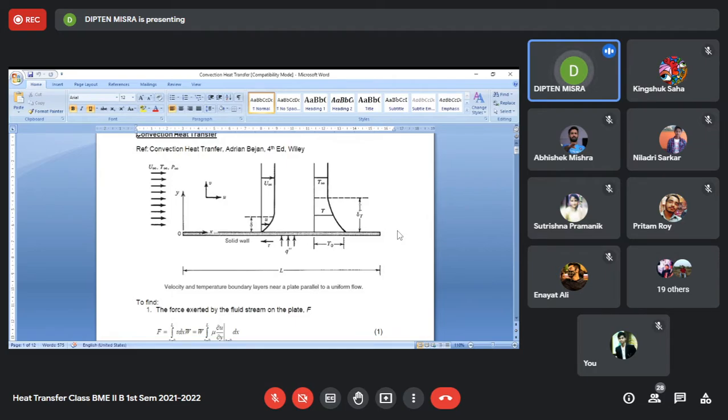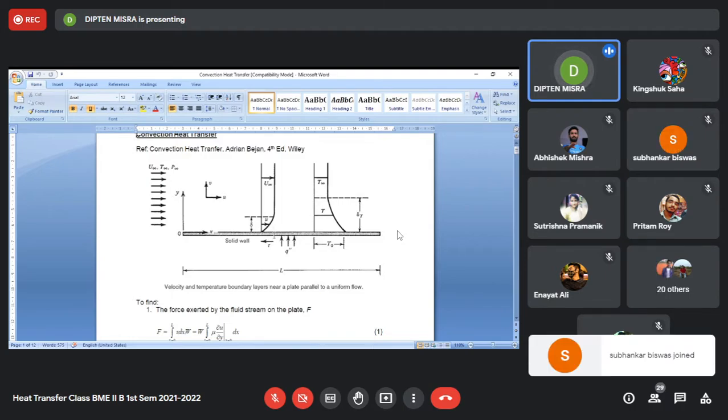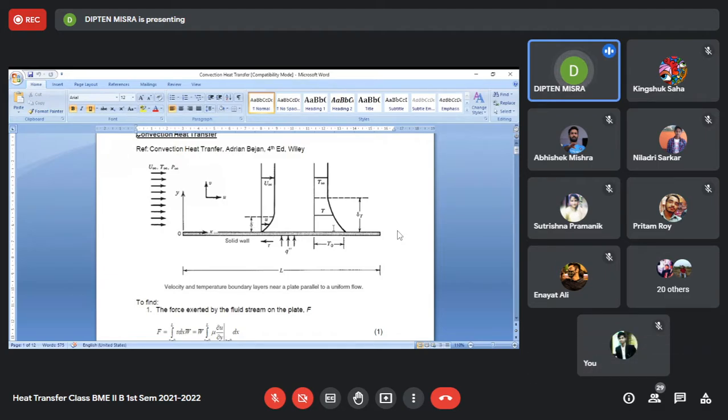The values of delta and delta t will be distinct at the same value of x. Delta is a function of x, delta t is also a function of x, but their functional dependence on x may be different.